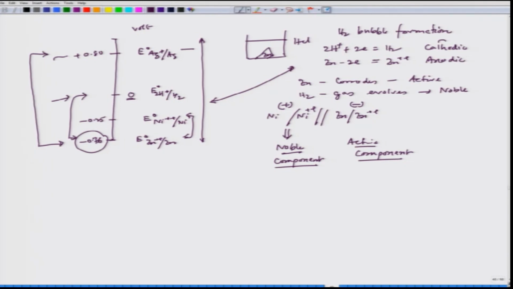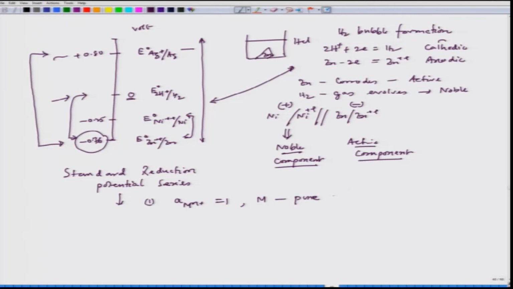When we distribute all the standard reduction potentials like that, we call it the standard reduction potential series. To construct this, the criteria are that the activity of the metal ion should be 1 and the metal should be pure.